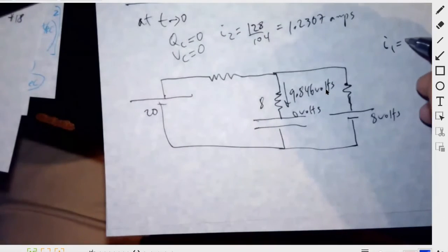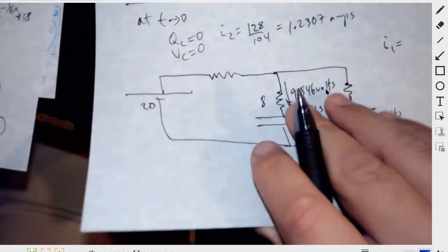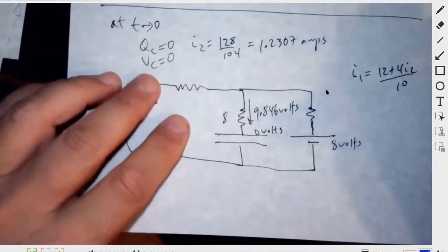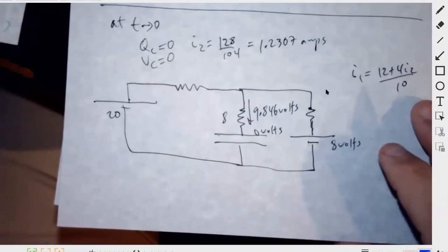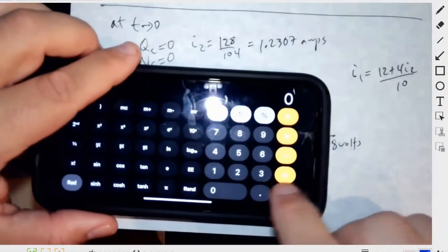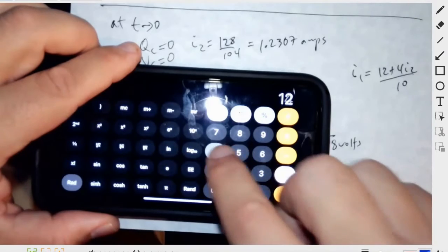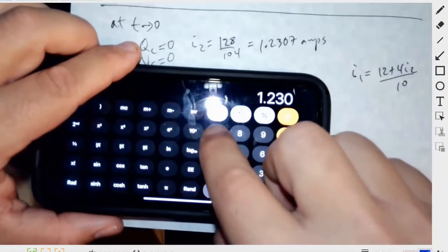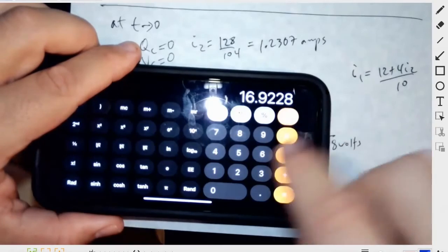Remember, what was the general equation? 12 plus 4 I2 over 10. So if I take this I2, 12 plus 4 times 1.2307, divided by 10.